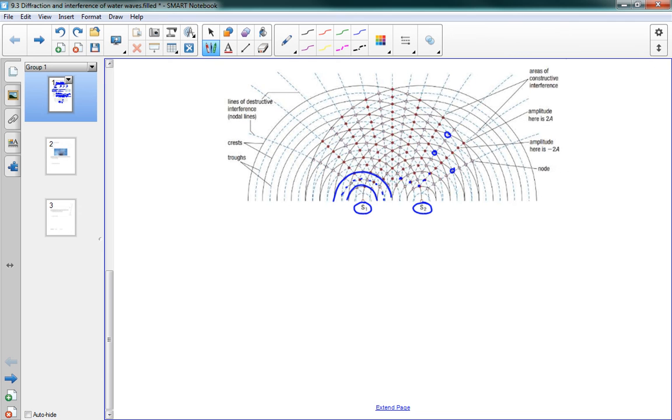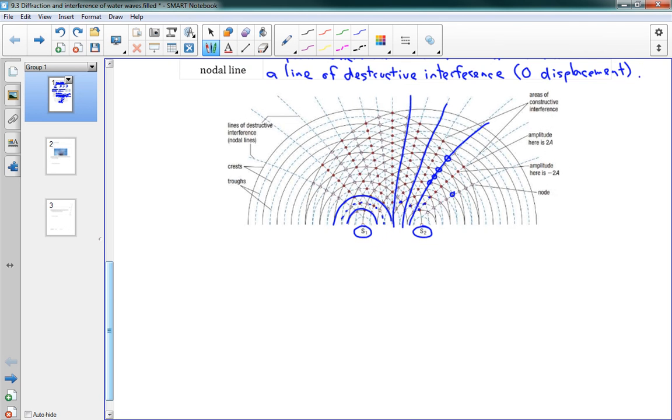And you can see if I draw a line connecting all of these nodes, I get a nodal line. And I get another nodal line here, and another nodal line here. And so these are our nodal lines. And on the next page, we're going to talk about counting those nodal lines. So you can see if I'm going from the center, if this is the midpoint between my two sources, this would be the first nodal line.